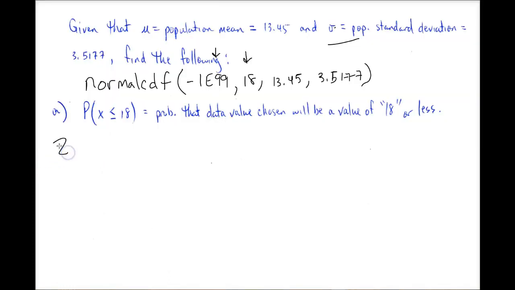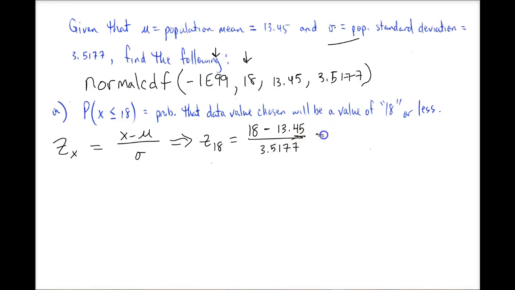So in general, whenever we talk about calculating a z-score for a given x value, we just do data value minus population mean, all divided by population standard deviation. So in this case, for the data value 18, our population mean is 13.45 and standard deviation is 3.5177.